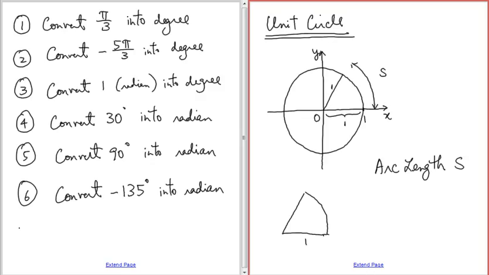This is 1, and this is 1, and this is theta. As we increase theta, the arc length keeps increasing. And by the time the arc length becomes 1 unit also, that is the time when the arc length is equal to 1, and we will call the angle 1 radian.